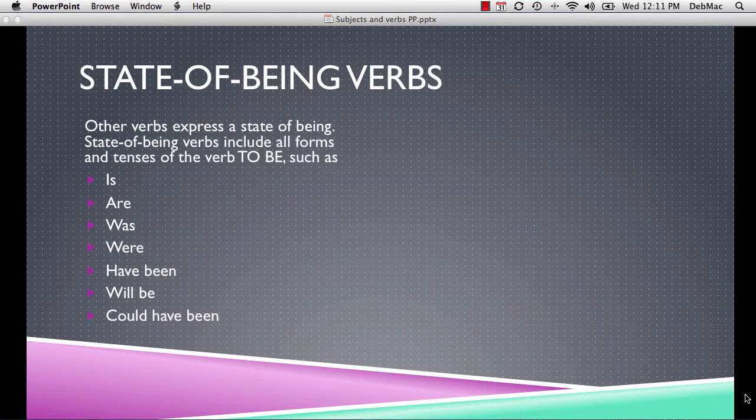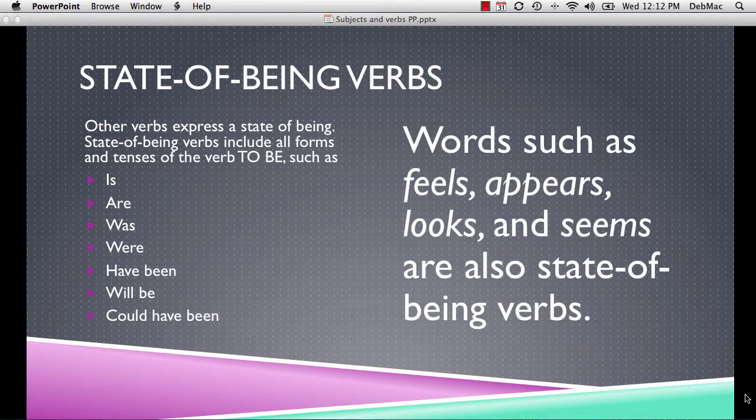Other verbs express a state of being. State of being verbs include all forms and tenses of the verb to be, such as is, are, was, were, have been, will be, could have been, should have been, might be, etc. Words such as feels, appears, looks, and seems are also considered state of being verbs.